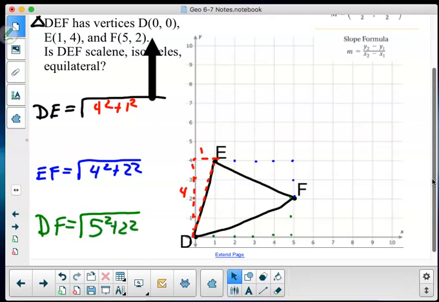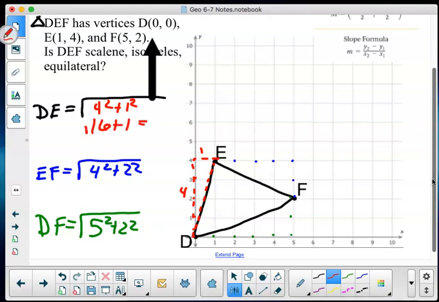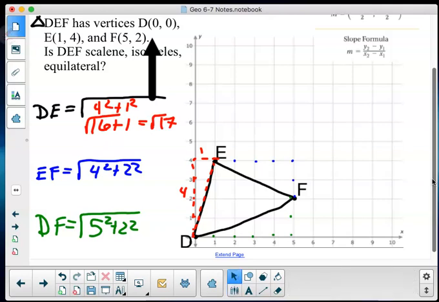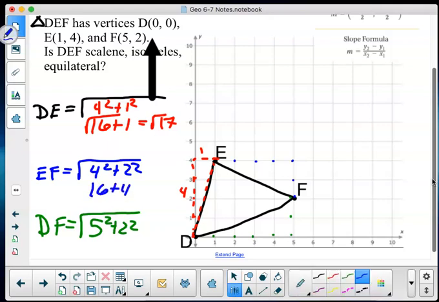Okay, now, let's finish this out. I got 16 plus 1, which equals the square root of 17. Now, notice I'm not going to put that in my calculator because I know if they're all the same square root, they'll be equal. And I've got 16 plus 4, which equals the square root of 20. And I have 25 plus 4, which is equal to the square root of 29.